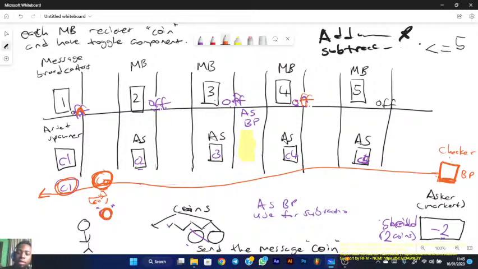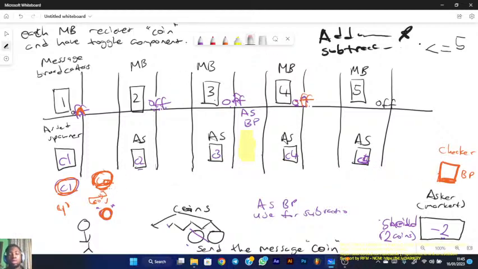C1 detects the checker and sends the message 1. This message 1 would reset the checker. Remember, C0 cannot reset the checker. Only C1, C2, C3, C4, and C5.